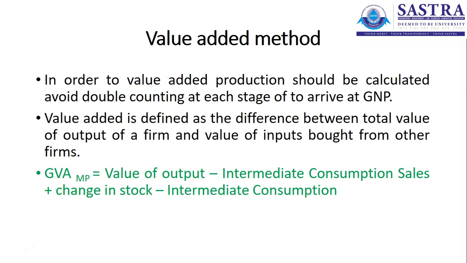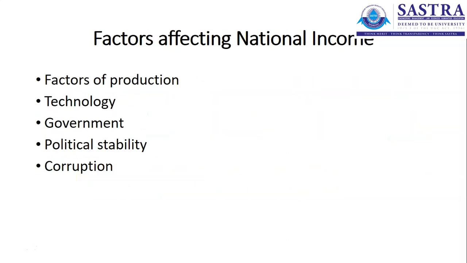Together it is calculated by the value added method. The next one is the factors affecting the national income. These important factors affect the national income, so it is important to understand them and give priority to controlling them for effective management of national income.